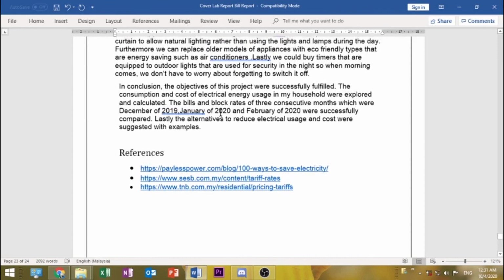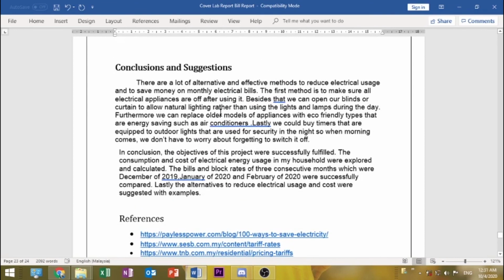So in conclusion, the objectives of this project were successfully fulfilled. I successfully investigated the cost of electrical energy and the usage in my household, and also I successfully compared the 3 bills and block rates of the 3 consecutive months, which were December of 2019, January of 2020, and February of 2020.